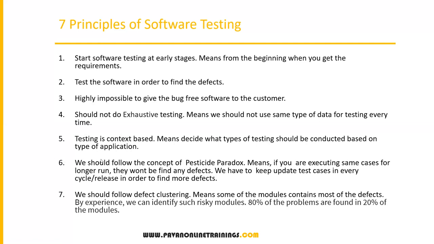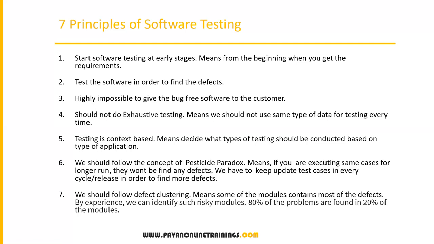Then the sixth principle: we should follow the concept of pesticide paradox. This is a purely technical term, guys. Pesticide paradox means, suppose today you have some number of test cases, let's say 50 or 100 test cases written for a functionality.